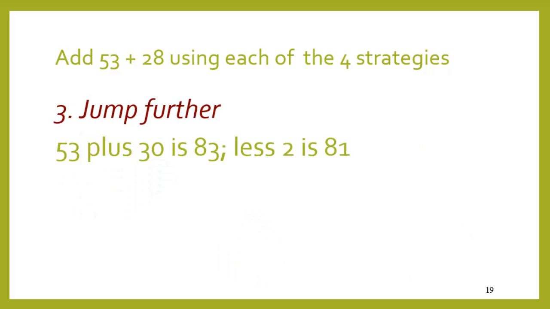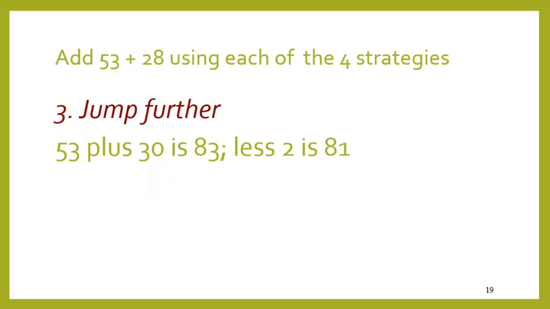Jump further, well, let's jump 30 from 53, that's 83, but that was 2 too many. We really want to add 28 on, not 30, so take 2 away from 83, and the answer is 81 again. The answer remains the same no matter what method we use.